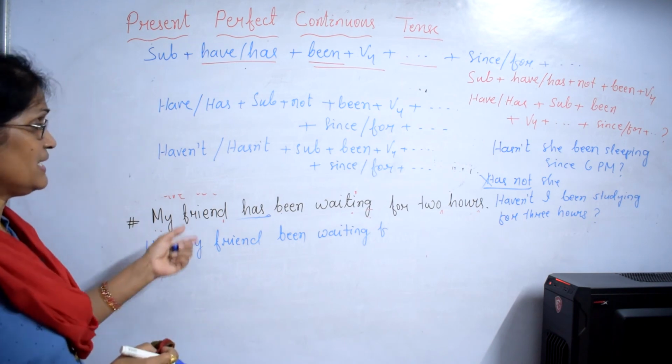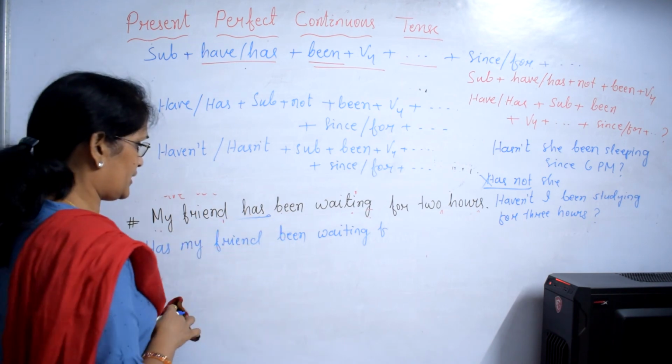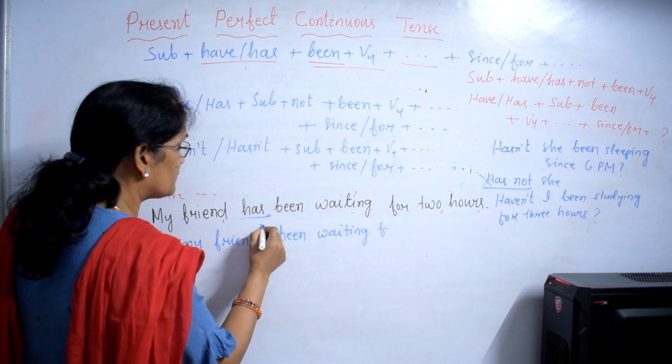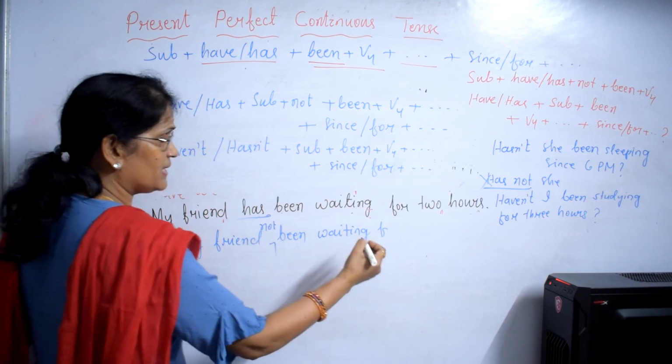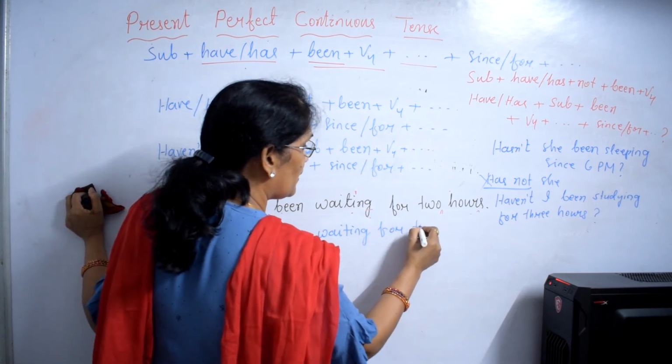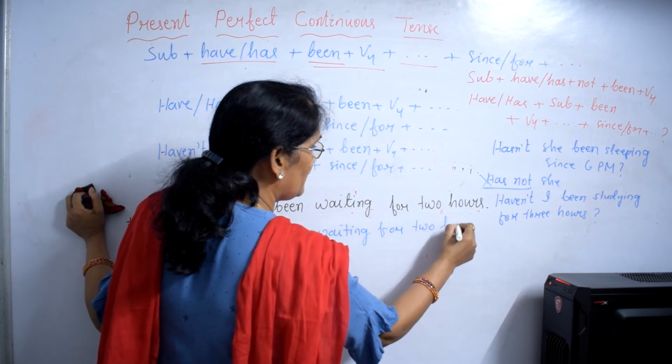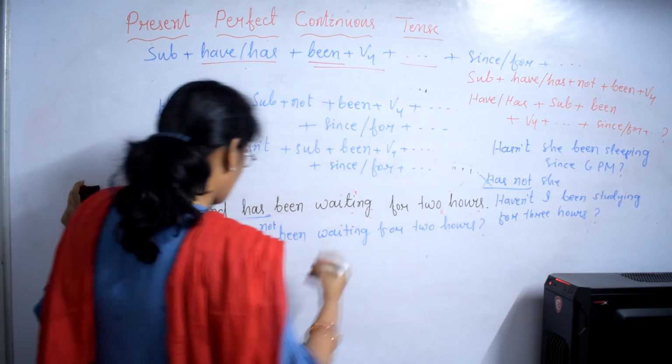So what are we doing? We are changing the sentence to negative and interrogative. So: has my friend not been waiting for 2 hours? Okay? Question mark.